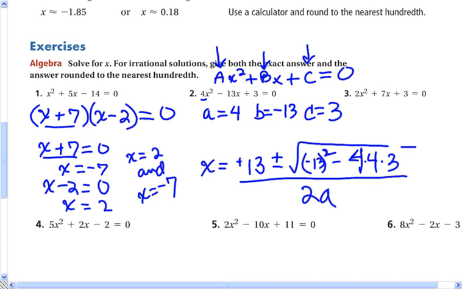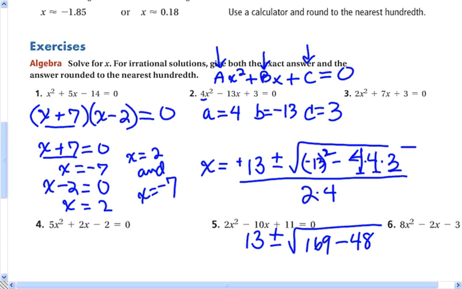Then in the denominator, I need to substitute 4 for a. Then I just need to simplify that. So I get 13 plus or minus the square root of 13 squared, which is 169, minus 4 times 4, which is 16, times 3, which is 48. And then I'm going to divide that by 8.